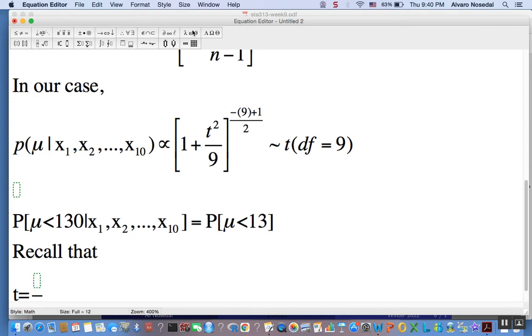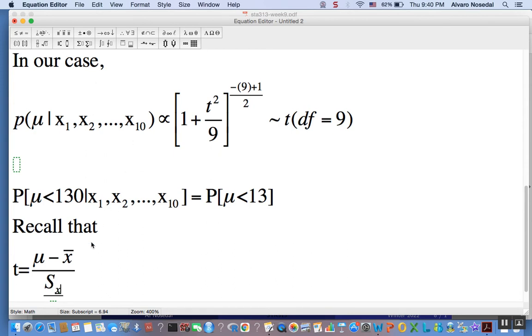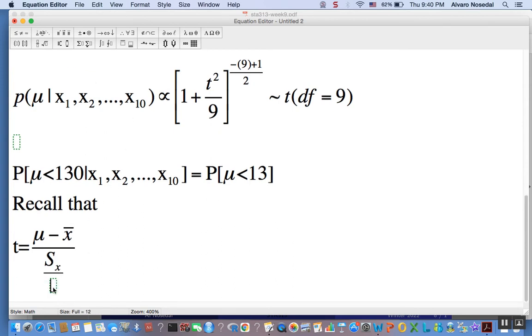It was t equals mu minus x bar, divided by s sub x, where that guy represents the sample standard deviation of our variable x, and then divided by the square root of n. Remember that was the transformation. That's what we used to go from mu to t.